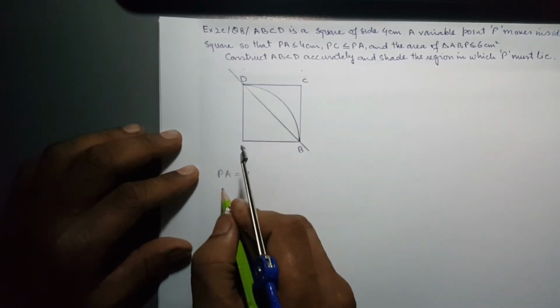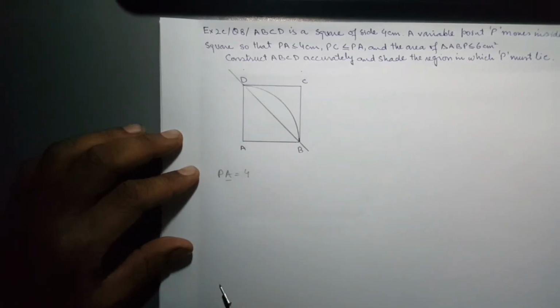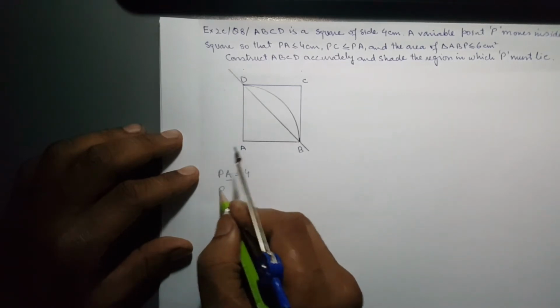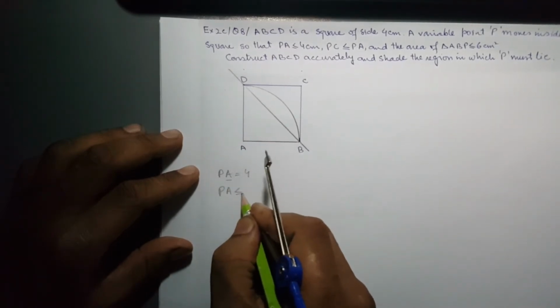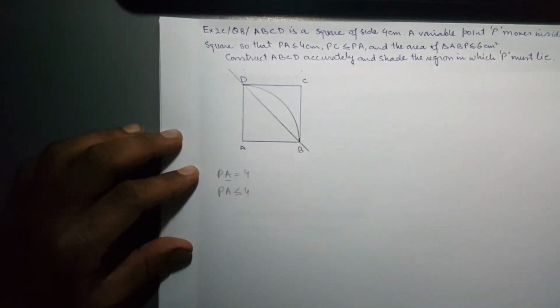PA is equal to 4. A is a fixed point. We will think about the locus. The distance of P from A is equal to 4. The locus is a circle with center A. Switch back to inequality. The circle is already drawn. We should remain inside the circle.